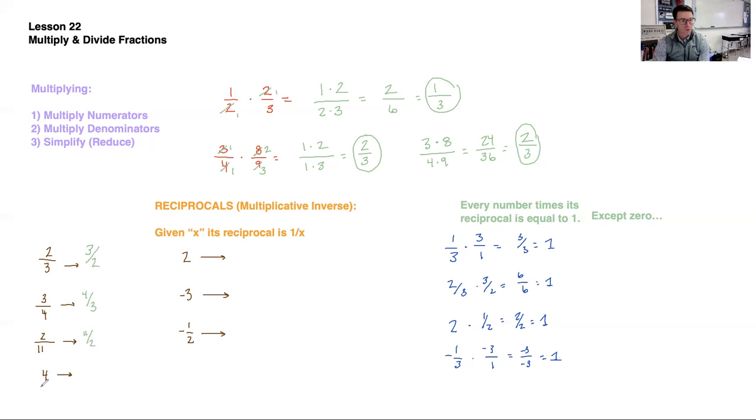The reciprocal of 4, technically 4 over 1, is 1 over 4. The reciprocal of 2, really 2 over 1, is 1 over 2. Negatives don't matter. Negative 3 is going to be negative 1 over 3. And negative 1/2 is going to be negative 2 over 1, or just negative 2.